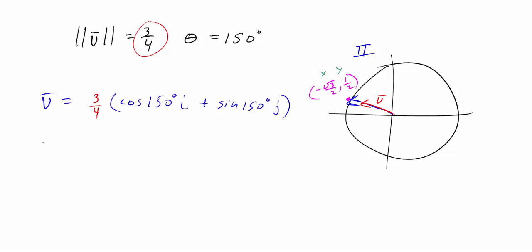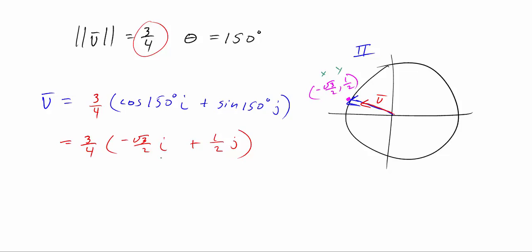So therefore, we would end up with 3/4 multiplied by the cosine of 150. Well, the cosine of 150 over here, we said it's going to be the negative square root of 3 over 2, and that's i, plus the sine of 150, which would be 1/2 j.